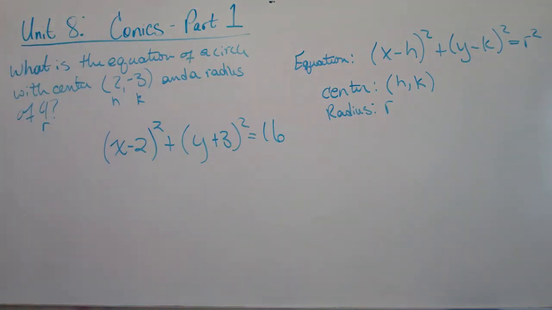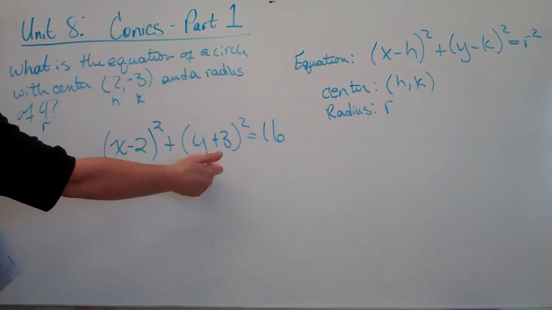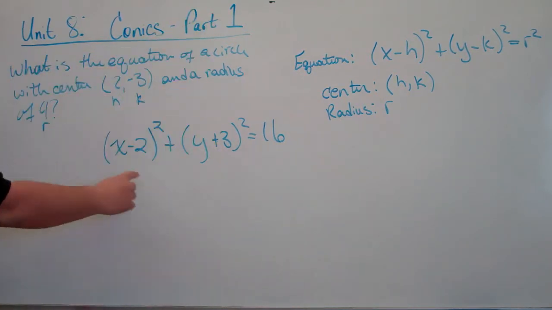So that would be the equation of a circle with a center at (2, -3) and a radius of 4. Because k is negative, and since it's y minus k, that's why this is a plus 3. H is 2, it's x minus h, so that's x minus 2, and then of course r squared is 16.